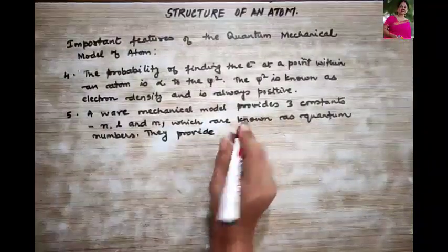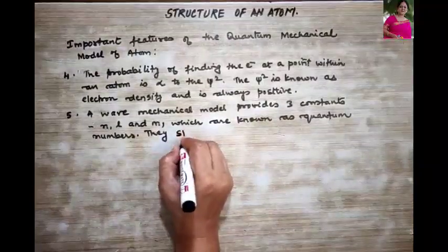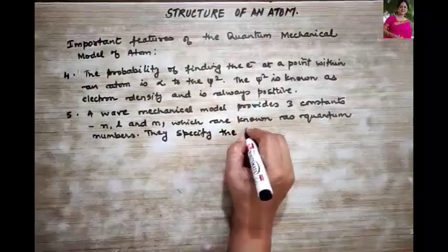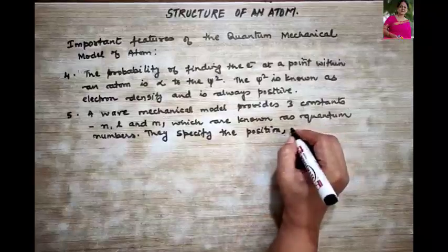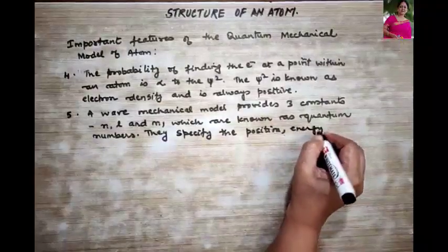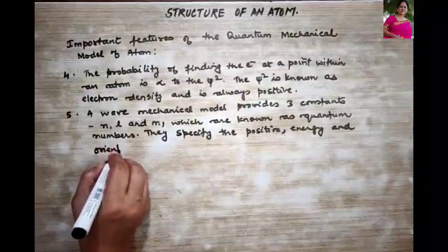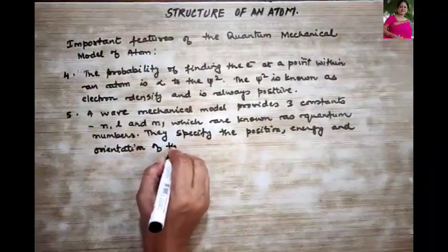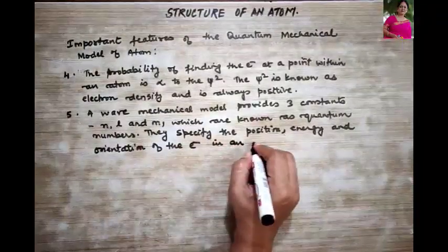They specify the position, energy, and orientation of the electron in an atom.